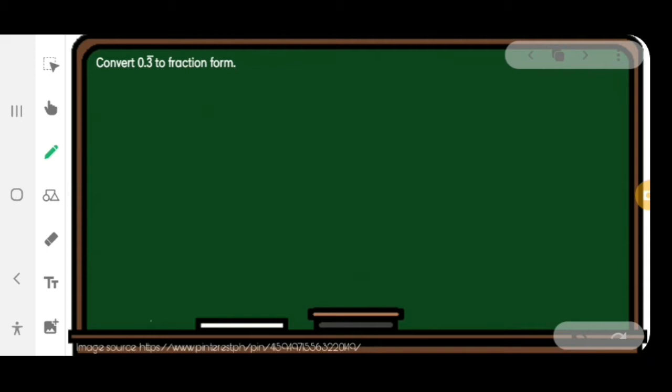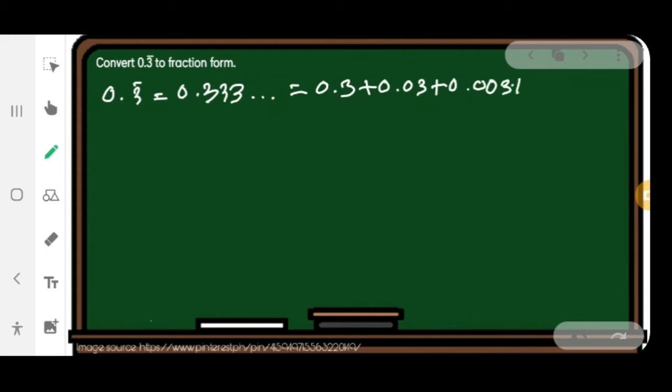So, since 0.3 repeating is equal to 0.333 and so on, and 0.333 and so on is equal to 0.3 plus 0.03 plus 0.003 plus so on.